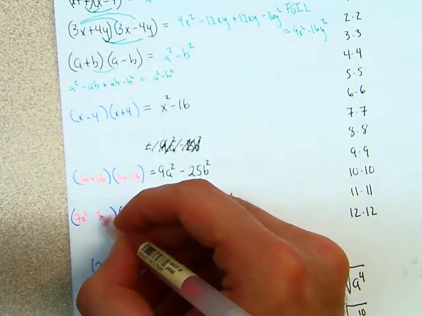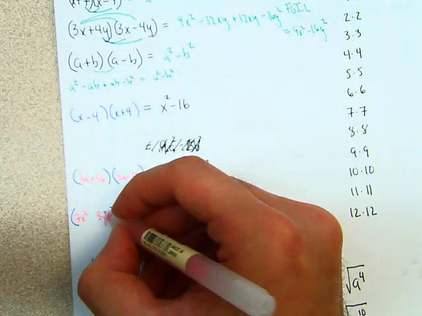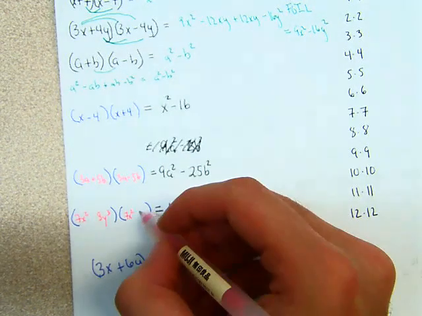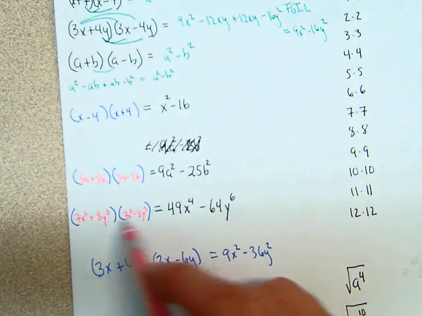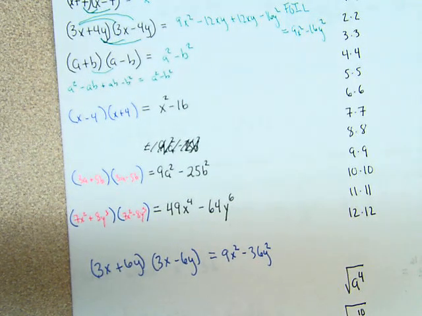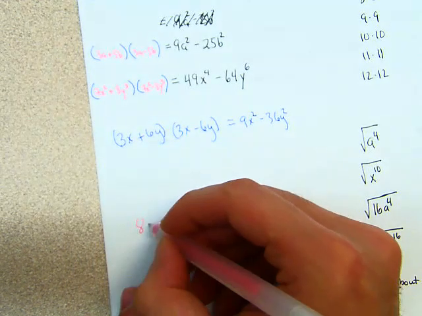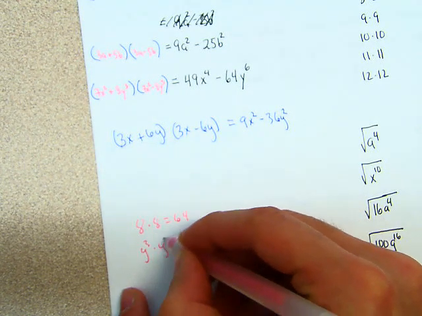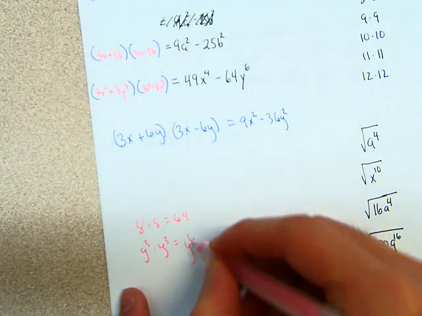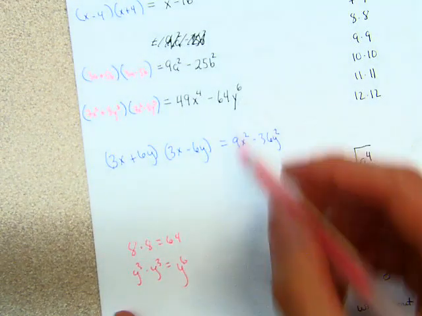This should be an 8y cubed and an 8y cubed, and a plus and a minus. And if you're thinking, why is it 8y cubed? Well, 8 times 8 is 64. And what is y cubed times y cubed? Well, that is y to the 6. And that gives us what we want over here.